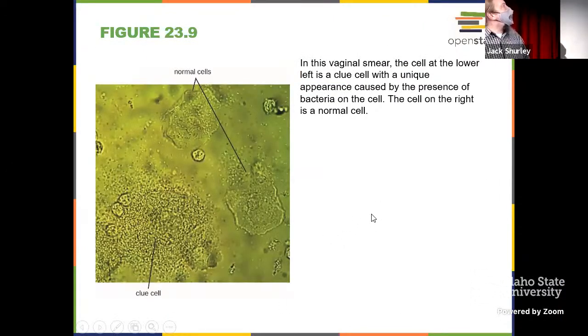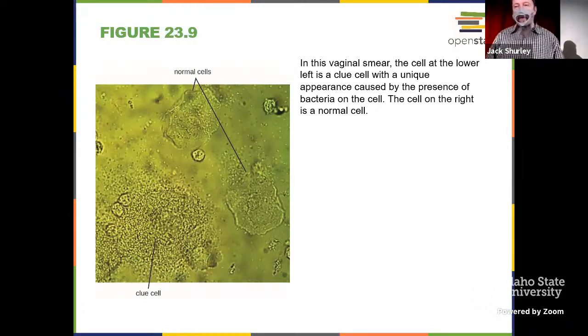So shifting over, this image also, if you're not thinking about this stuff, you'd be like, there's nothing there. I don't know what I'm looking at, right? So this is a vaginal smear. As we're looking at this, there should be normal epithelial cells.